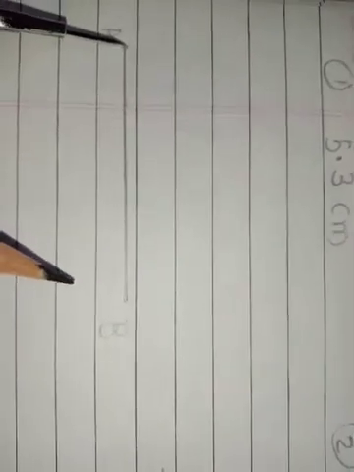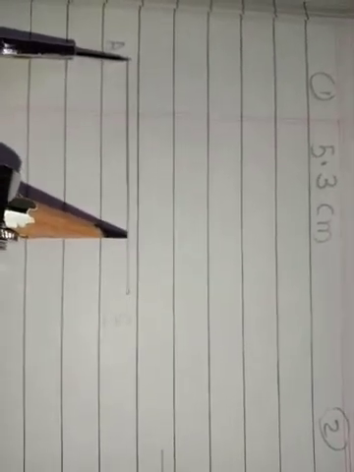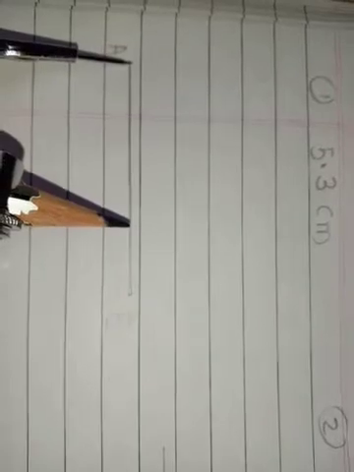Take a needle, take a compass. Using the compass we can draw a perpendicular bisector of this length. Take a measure more than half of this length. Take the needle on point A and draw an arc on the upper side as well as the below side.